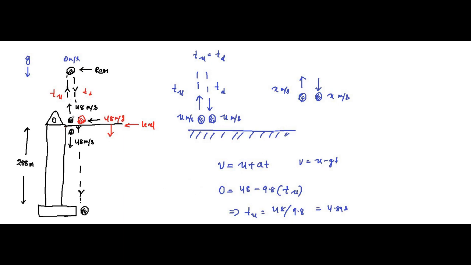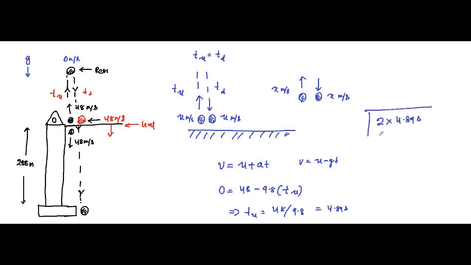So the time taken for the upward moving stone thrown with a velocity of 48 meters per second to finally come to rest is 4.89 seconds. Now it will take the same time to come downwards up to the same point. So the total time taken for the stone to go upwards and to come down up to the same level is 2 into 4.89 seconds.